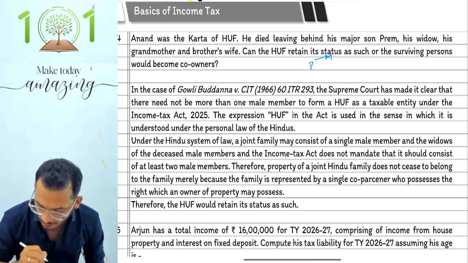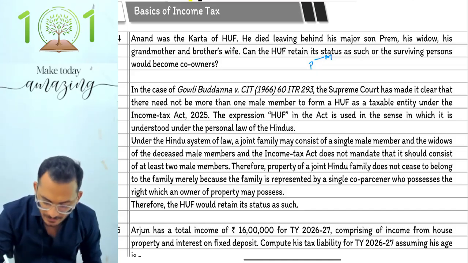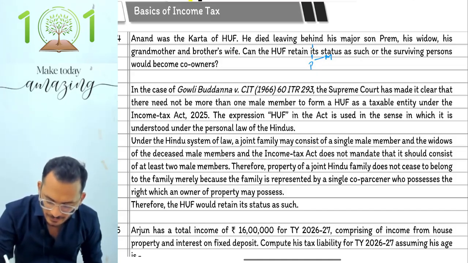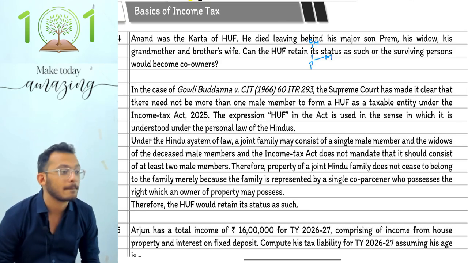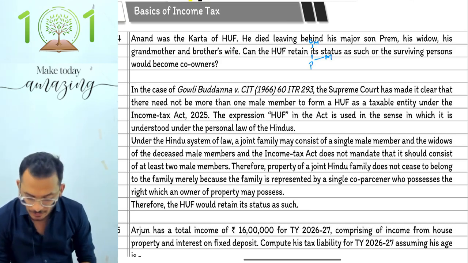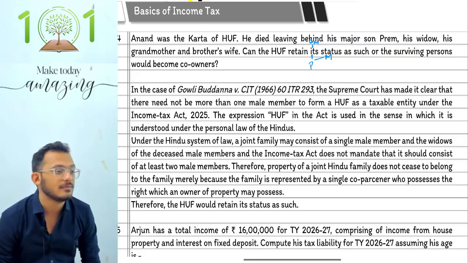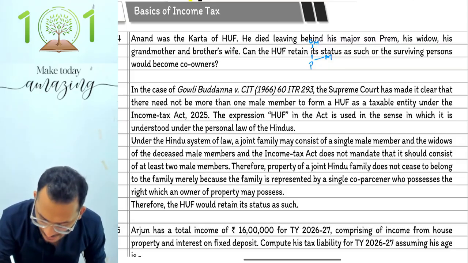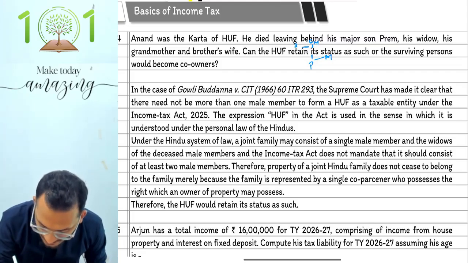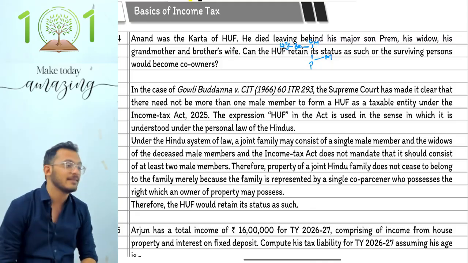Next, his grandmother, meaning Prem's father's or mother's mother. Correct, no? And whose brother's wife? Anand's brother's wife. So Anand had a brother, and the brother had a wife. CA Foundation, blood relations. These are the members who are there in the HUF.